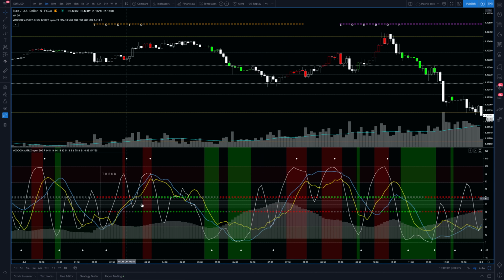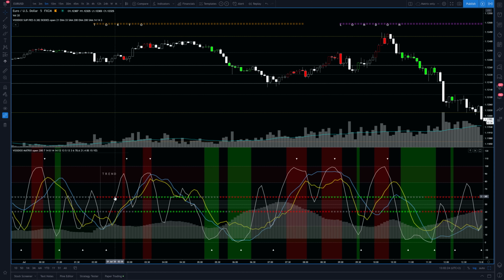So let's go to the last indication you can see in the matrix. It will be those squares down here. The upper row is providing you information on the short-term trend change, and the lower one is providing you a slower reading based on a different formula than the higher one.